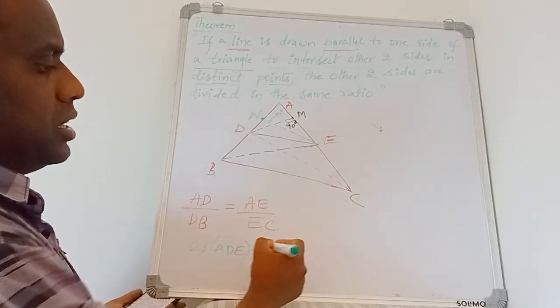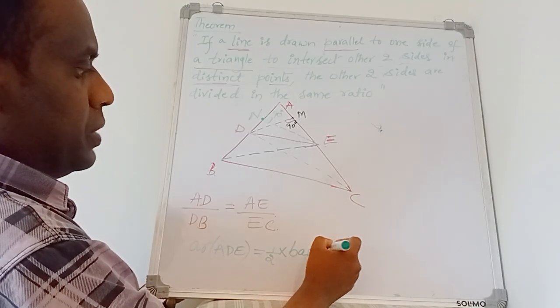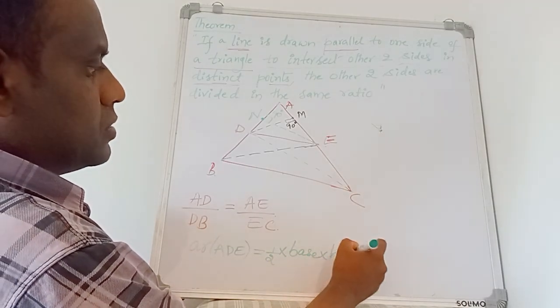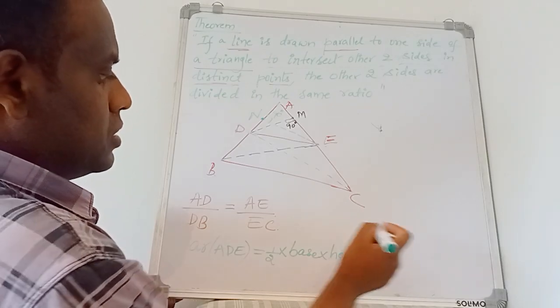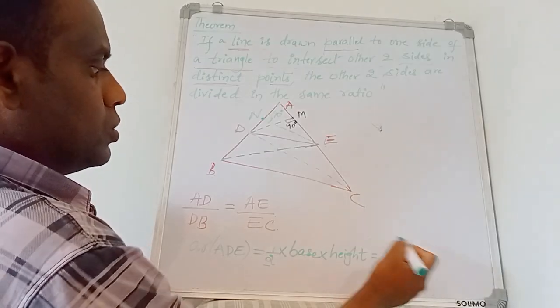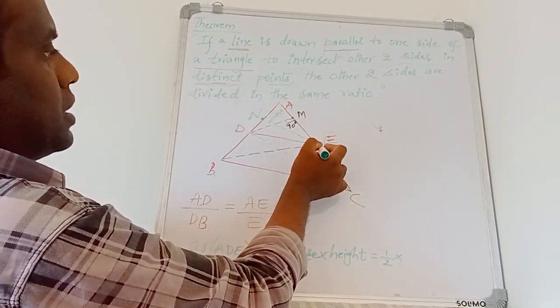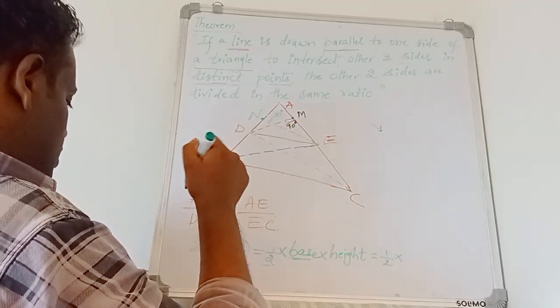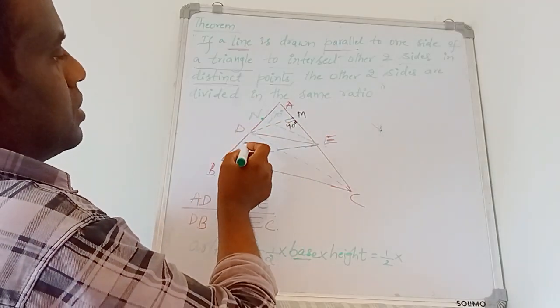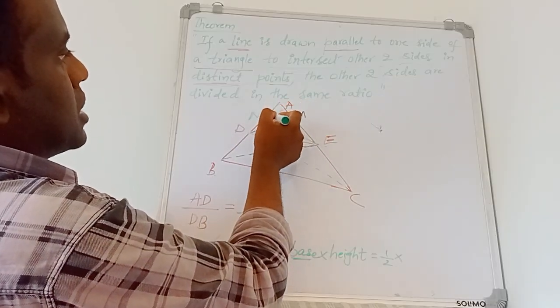Area of any triangle is half into base into height. Now substitute. Half will be as it is, into base. So ADE, correct, this is the triangle we are considering. So take this as the base.